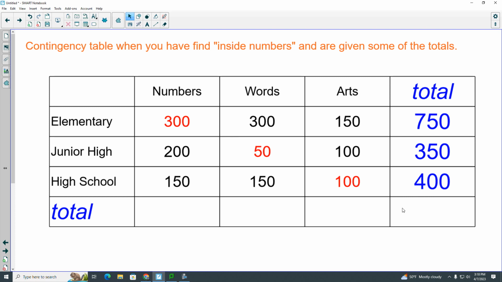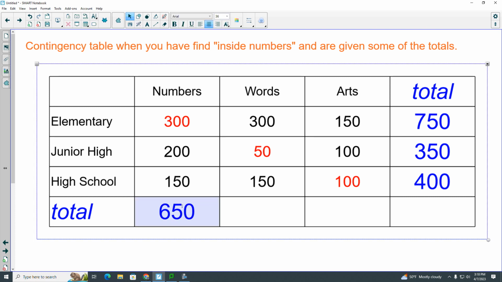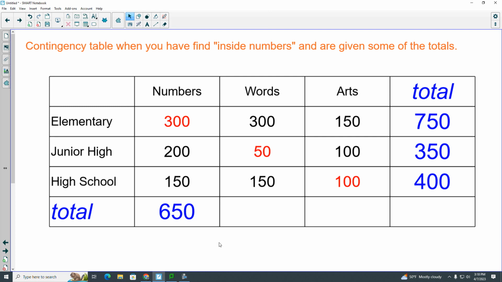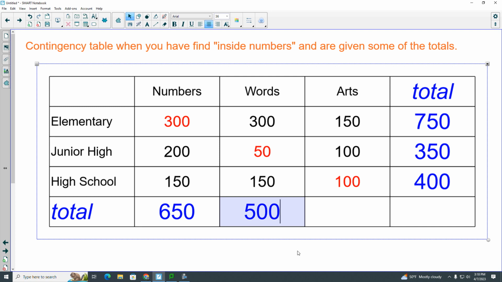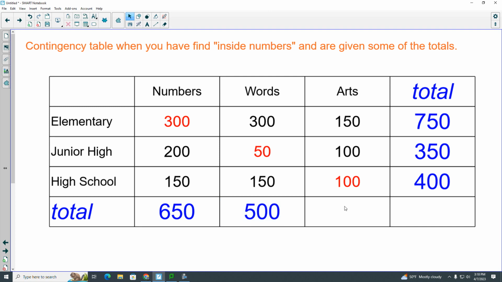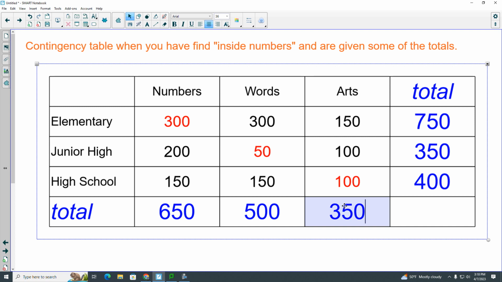And now that I have those red numbers, now I can go down and get all of my totals. So 300, 400, 500, 650. Like classes with numbers, 300, 400, 500. Like words, 150, 200, 300. 50 are into the arts.